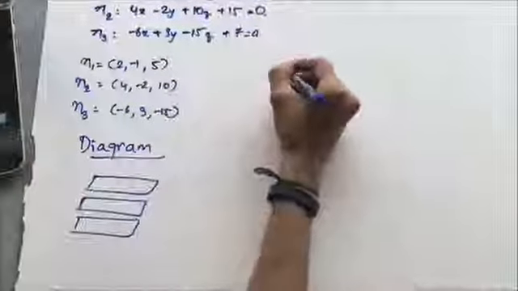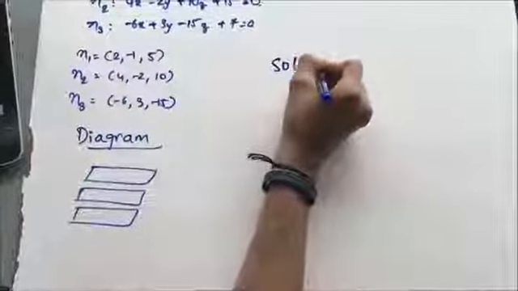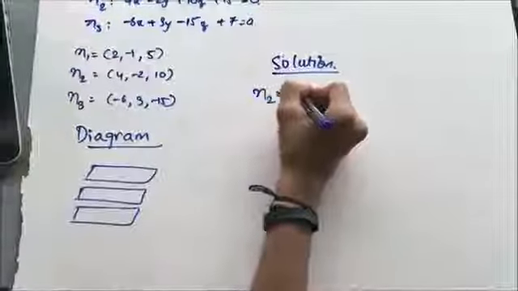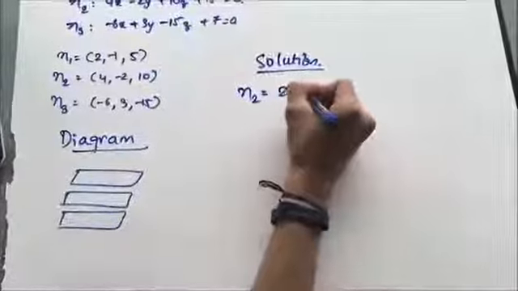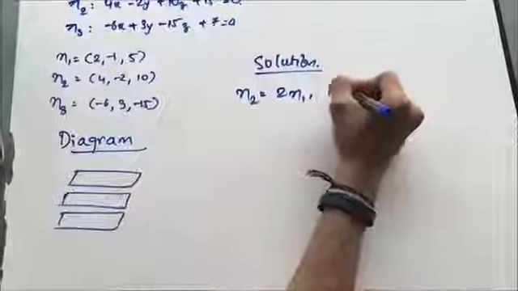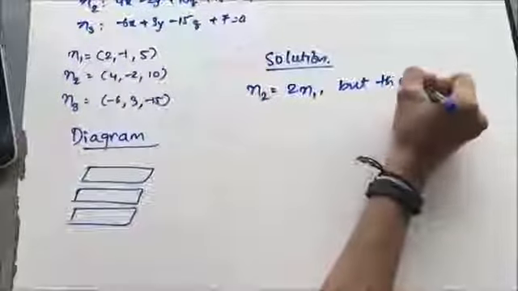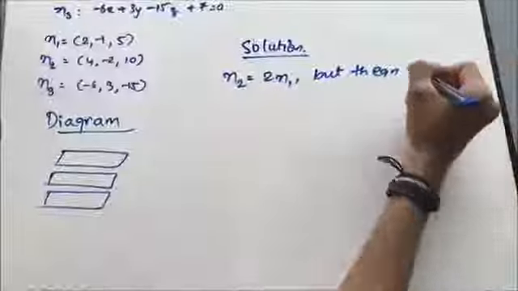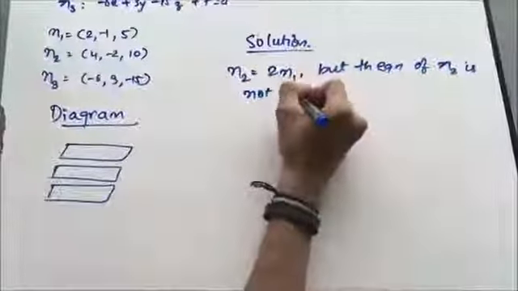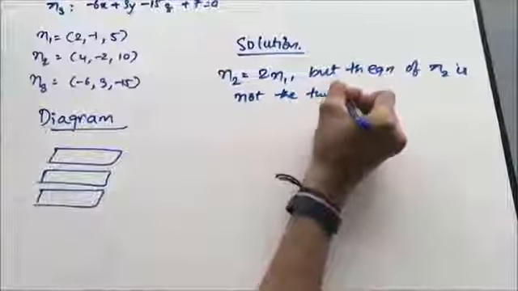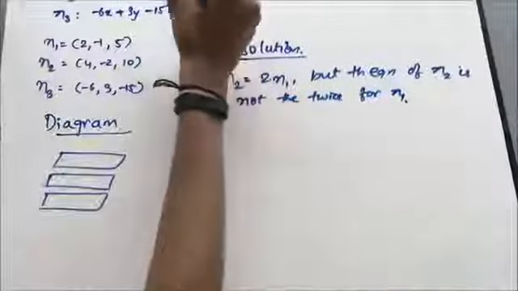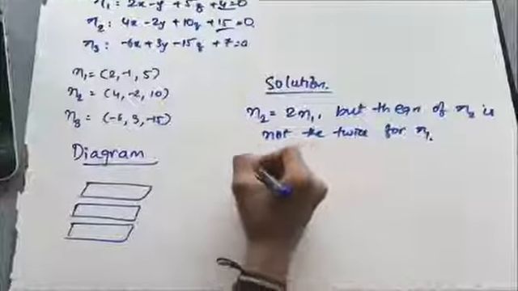Now looking at the solution, n2 is equal to twice n1, but the equation for plane 2 is not twice the equation for plane 1, as the constants are different.